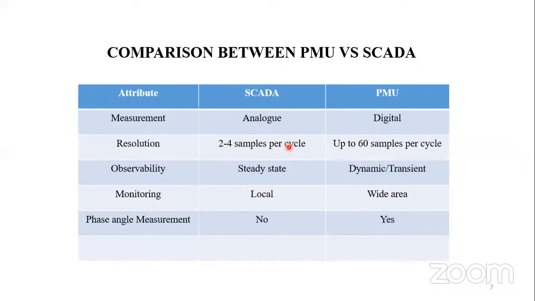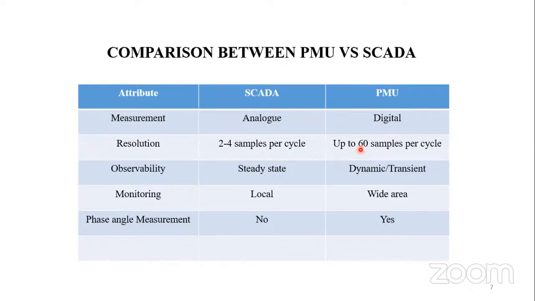Whenever there is a transient disturbance in the power network, it may be possible that SCADA overlooks the transient problem. But PMU measures the value in microseconds. It is very fast, so with PMU we can observe the transient problem also.